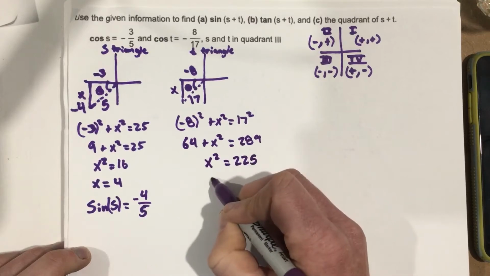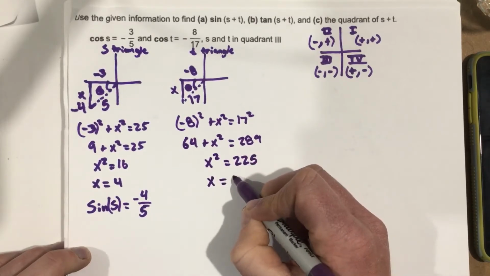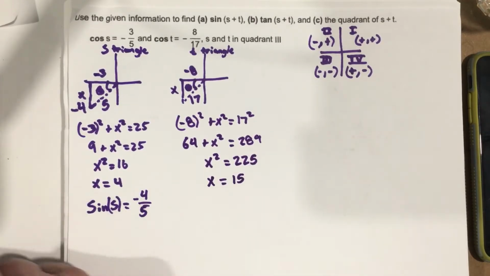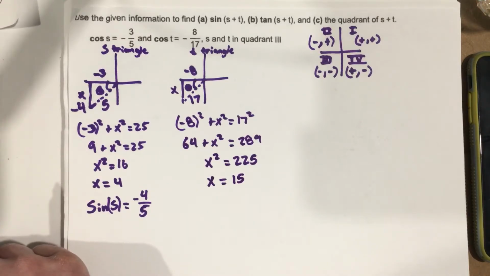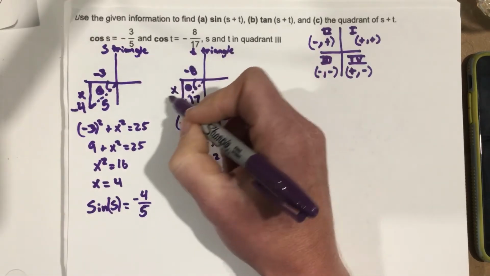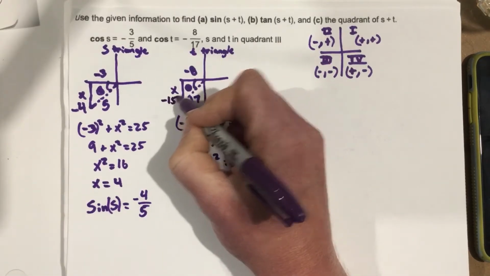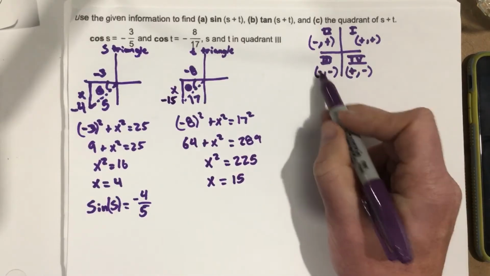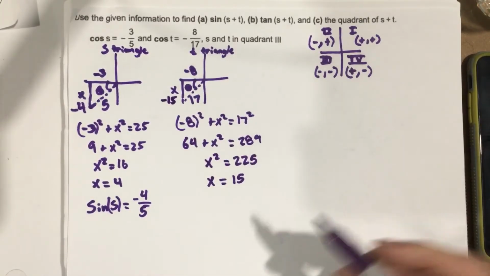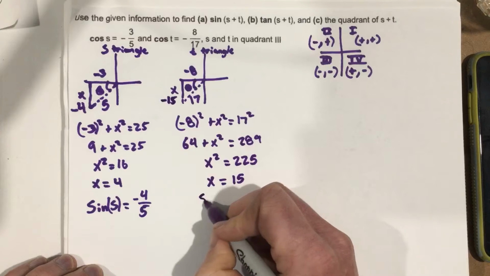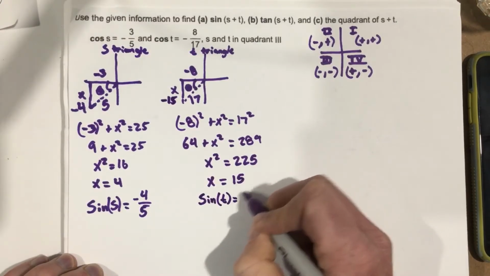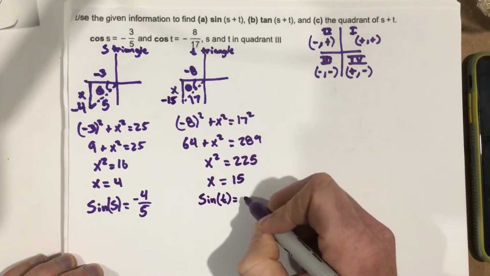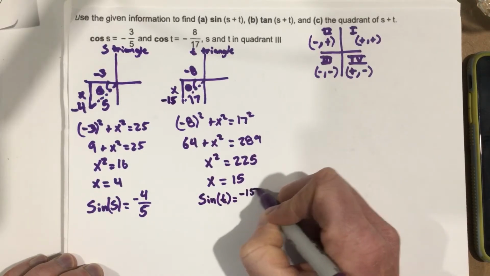And we do the square root there, and x equals 15. Let's make sure that's right. So we minus 64, do the square root, and we do get 15. But this is negative 15 here, because S and T are in quadrant 3. So that means that sine of t equals negative 15 over 17.